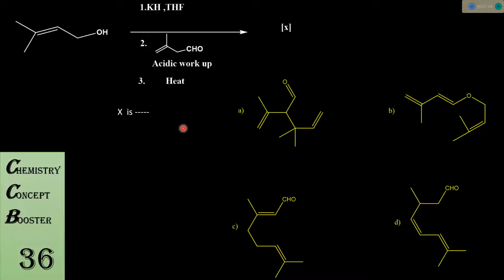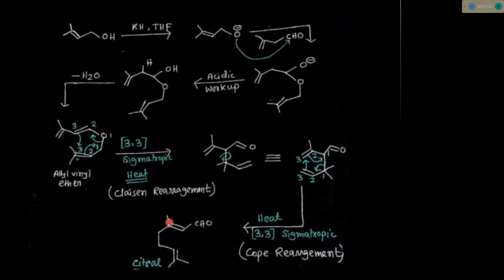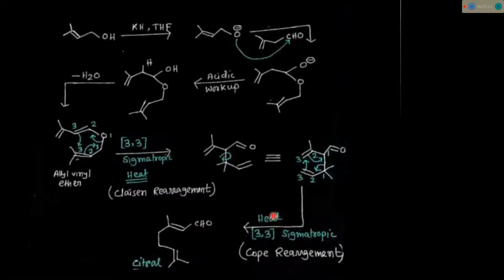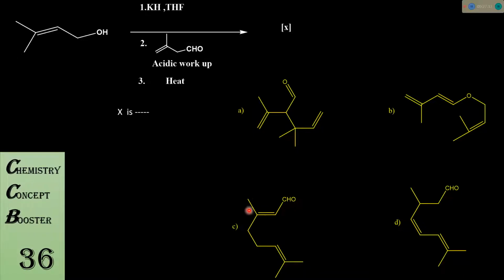So if we look at the options, option C is correct. The other options are not correct, because in those the double bond is not here, but the double bond should be in this place.